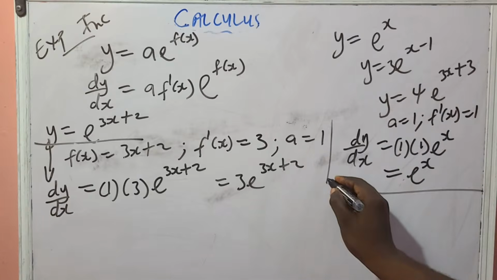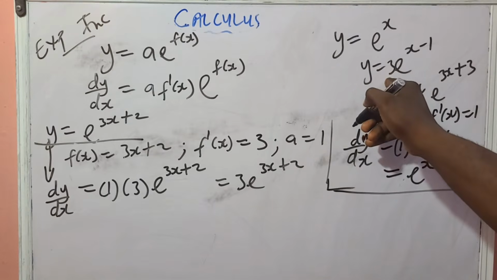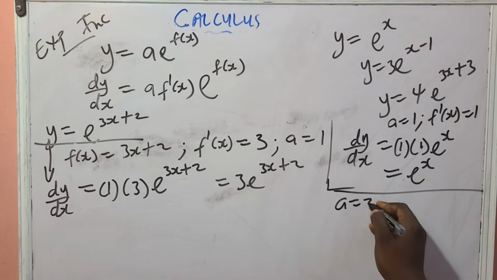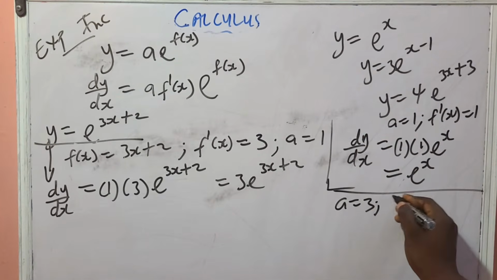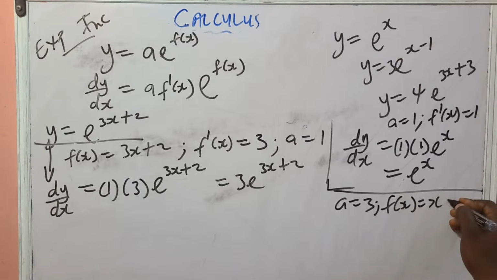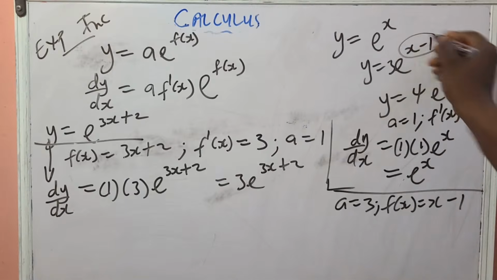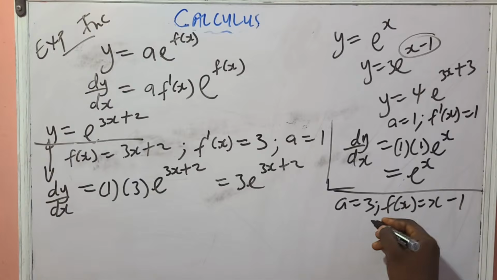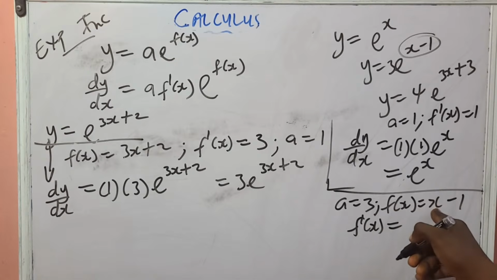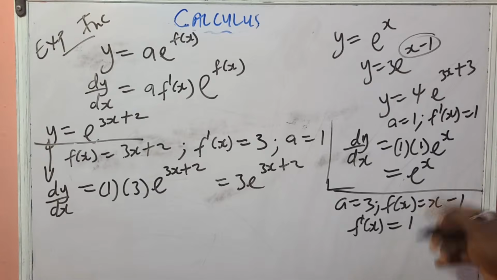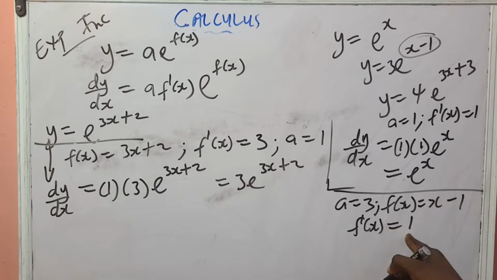All right. The second one now, in this case, our a is what? Our a is 3. Now our f of x is x minus 1. That's the power here. You can see that's x minus 1. Then the derivative of our power will be what? If you differentiate x minus 1, you will get 1. Good.